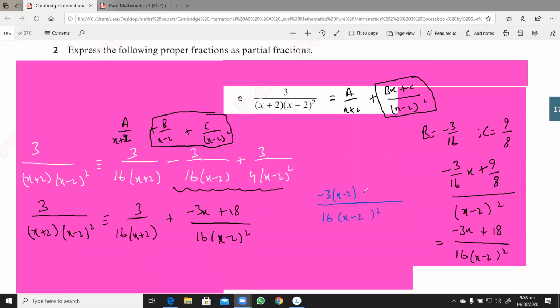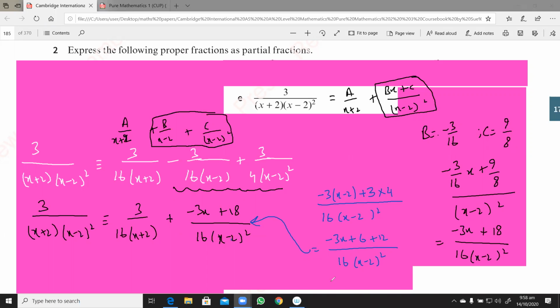Now guess what this 3 would be multiplied with? 4, because we want to have this as 16 into x minus 2 whole square, so this is 4, okay? So let's simplify this. This is minus 3x plus 6, and then you have plus 12, that is 16 over x minus 2 whole square. So don't we get this fraction, which is minus 3x plus 18 over 16 into x minus 2 whole square.